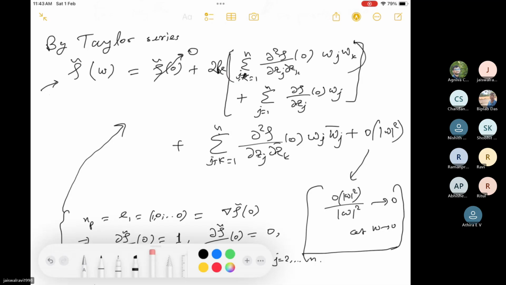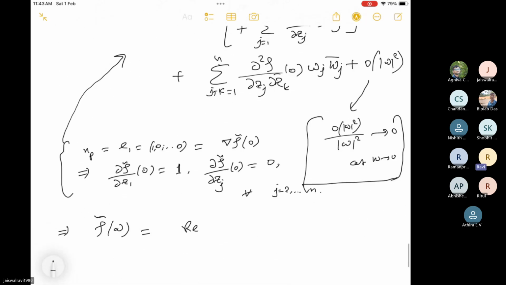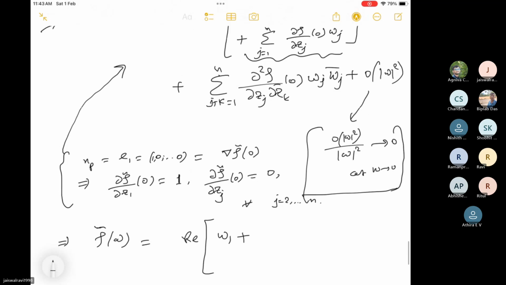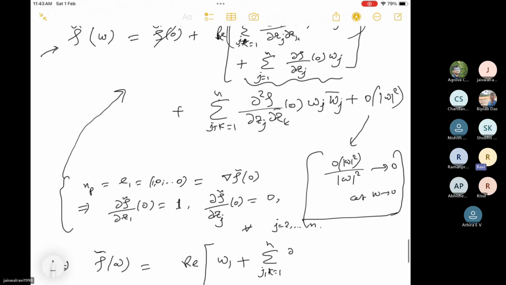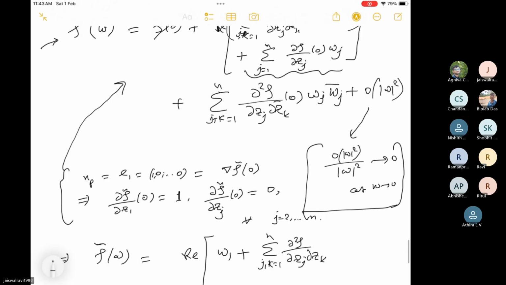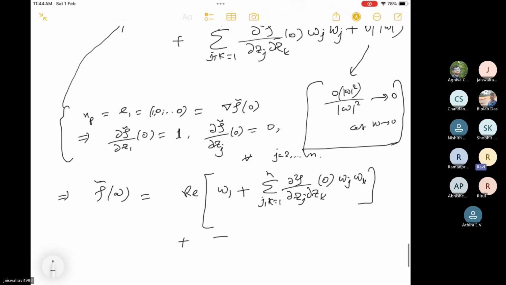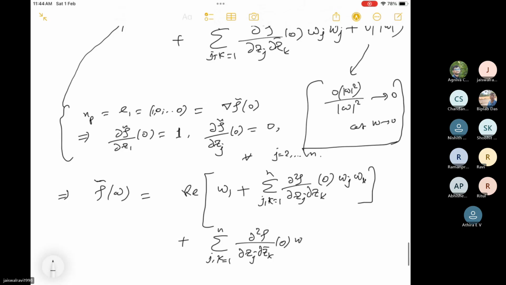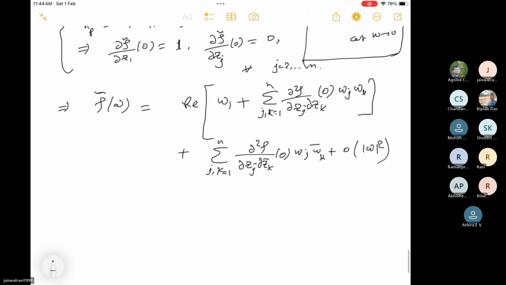Let me just... We will basically get, from here, just w1 plus the sum over j,k from 1 to n of del square rho by del zj del zk at 0 wj wk, plus this Levi form, the sum over j,k from 1 to n of del square rho by del zj del zk bar at 0 wj wk bar, plus little o of mod W square. Yeah, so we'll get this.